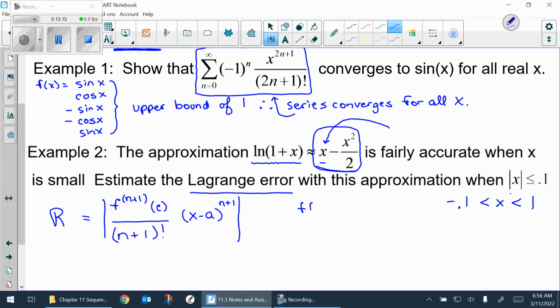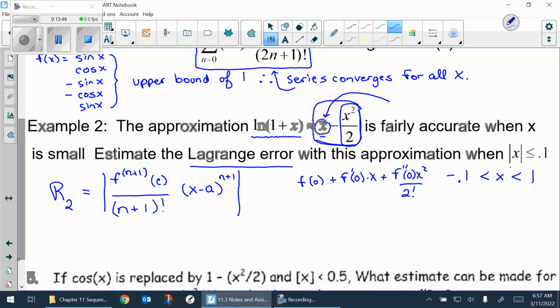We've got f of 0, f primed of 0 times x, f double primed of 0 times x squared over 2 factorial. So it looks like we must have used the first derivative to write this term, and the second derivative to write this term. And so we're talking about the remainder after we have used two derivatives. So that means n plus 1 is 3.